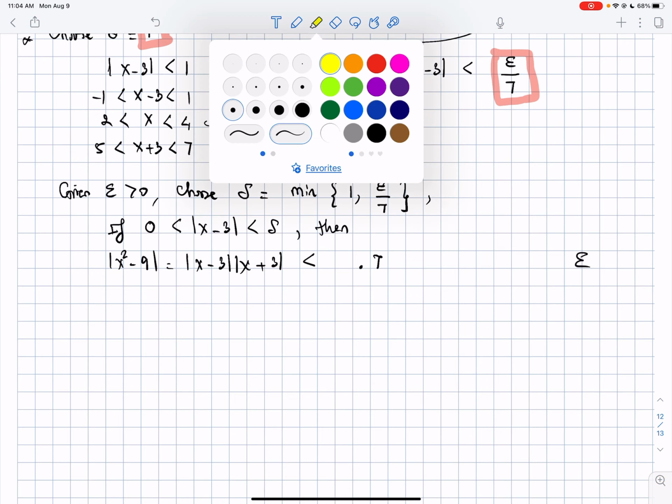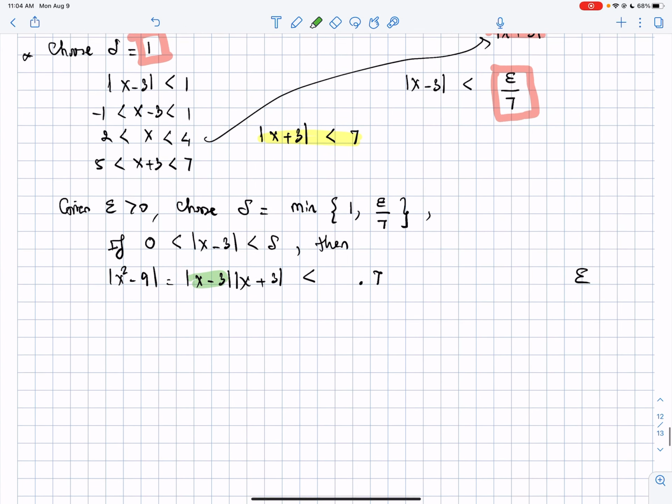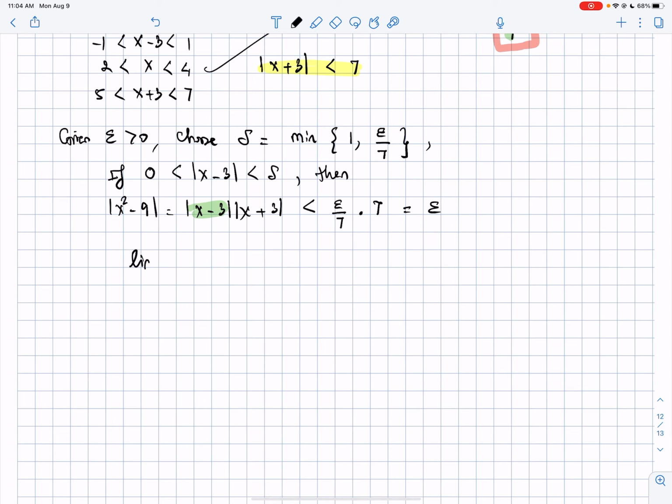And then we have absolute value of x minus 3, which we chose to be less than epsilon divided by 7. So we can cancel out the 7 and we get epsilon. So we just proved that the limit of x squared as x approaches 3 equals 9.